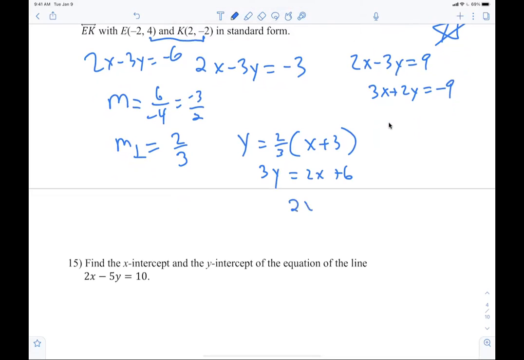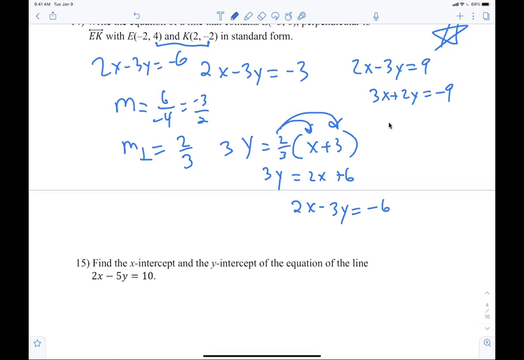So then 2x minus 3y equals -6. How did you get 6 times the 2 by the 3? Yeah, you distribute the 2, remember? I distribute the 3 over here. I'm trying to get rid of the fractions because in standard form, you have no fractions. You with me or not? You good?